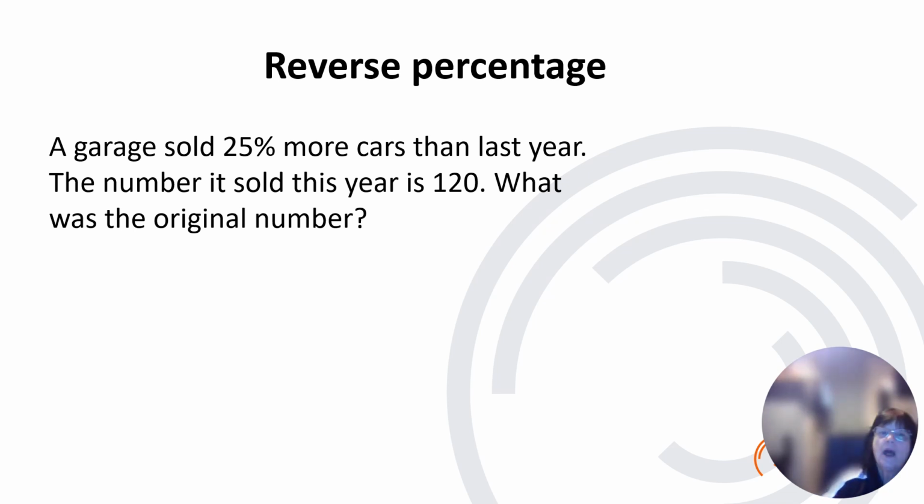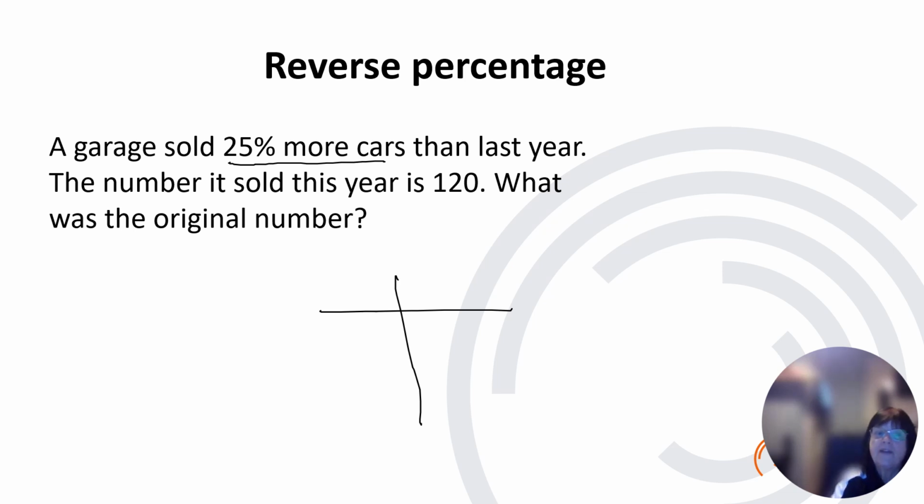Okay, so in this particular case, we've got a garage sold 25% more cars than last year. The number it sold this year was 120. Okay, so effectively, we want to know what the original number was. So it sold 25% more cars than last year.